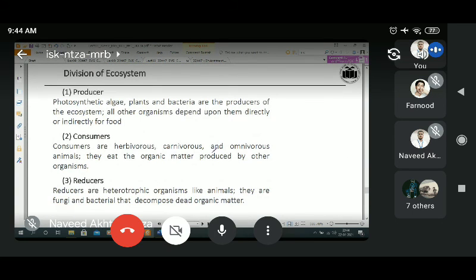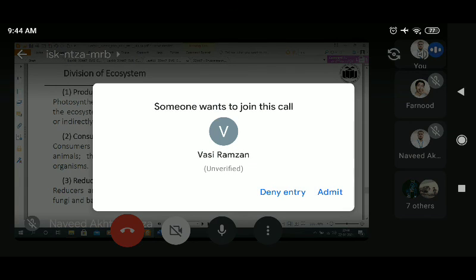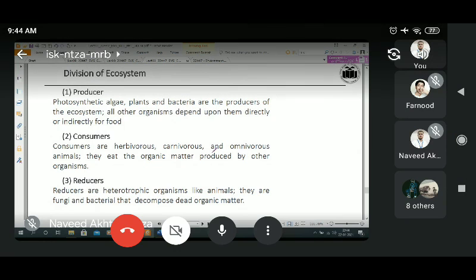All other organisms depend directly or indirectly on them for their food. Consumers are the herbivorous, carnivorous and omnivorous animals. Omnivorous animals eat both, and they eat the organic matter produced by the organisms.